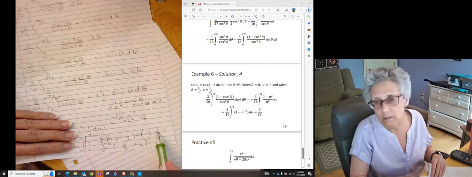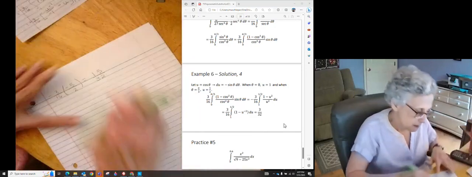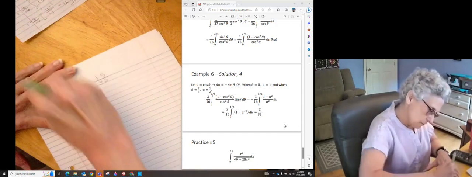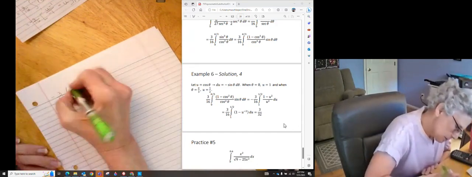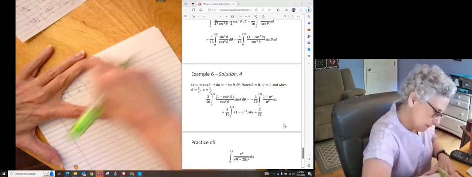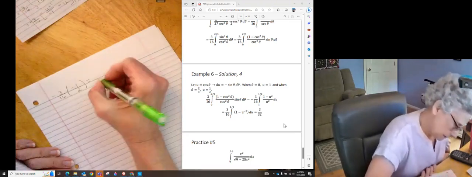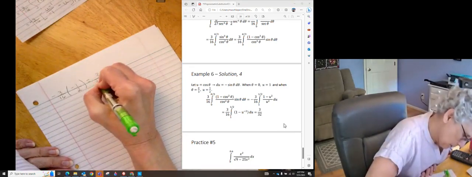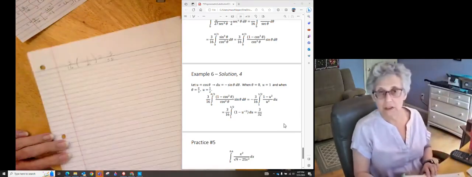Yeah, I found it. Minus 1 is minus 2, and then negative of that would be plus 2. So this would be minus 5/2 plus 2, which is negative 1/2. So this gives me positive 3 over 32.